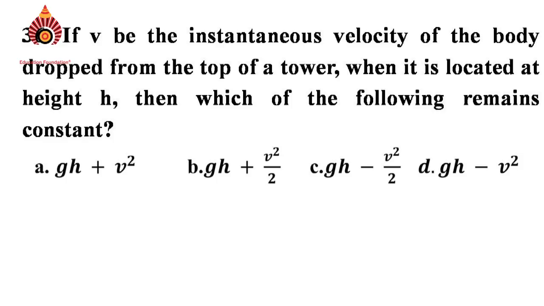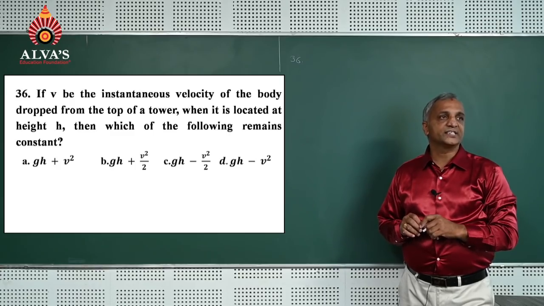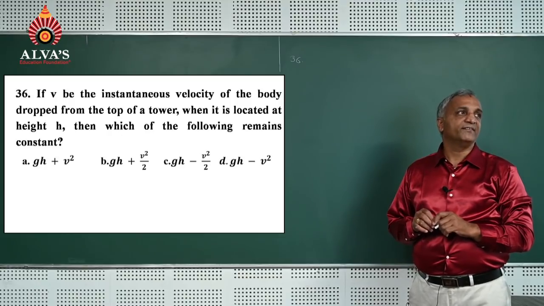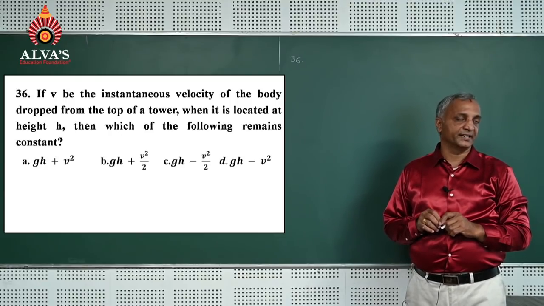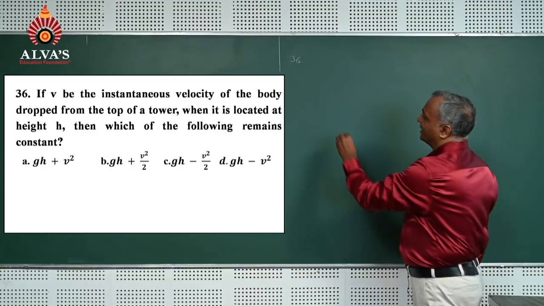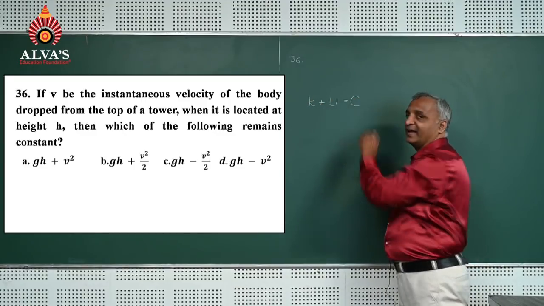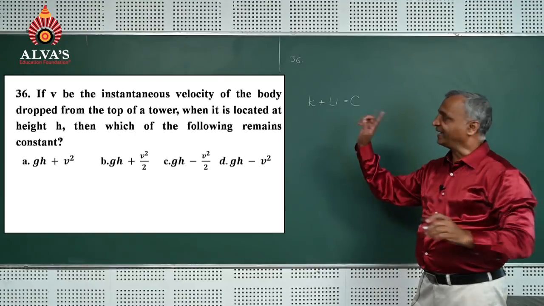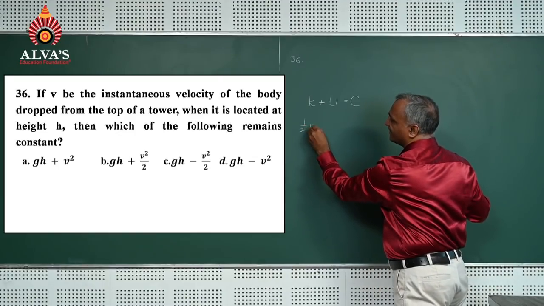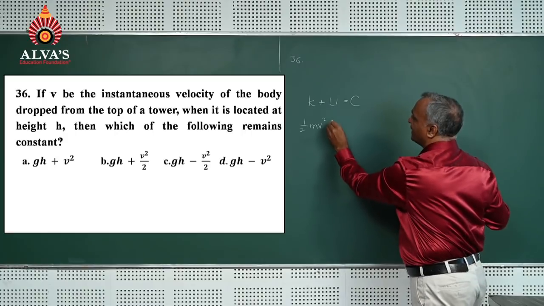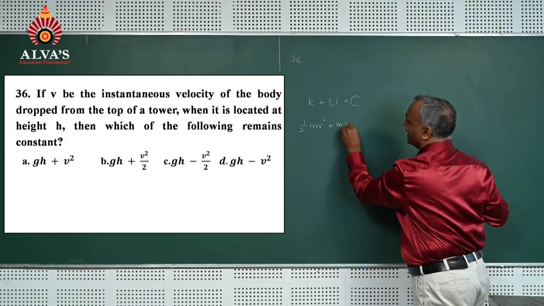Question number 36. If V be the instantaneous velocity of the body dropped from the top of a tower, when it is located at height h, then which of the following remains a constant? Of course, we know that kinetic energy plus potential energy will remain a constant. Kinetic energy is half mv square, potential energy is mgh.